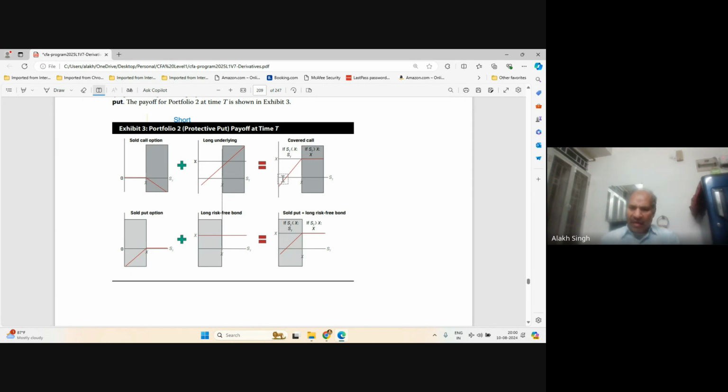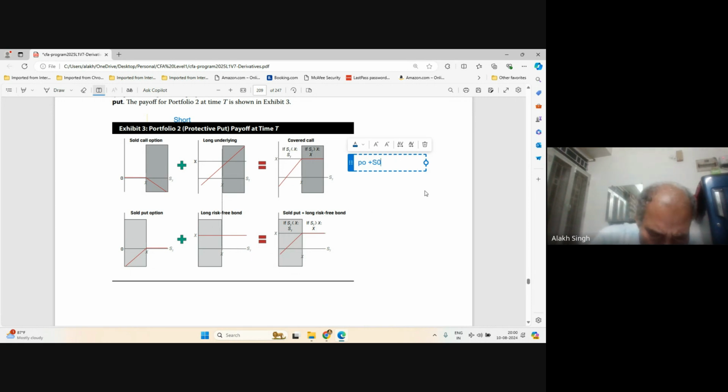Let me write this equation. We had discussed P0 plus S0, where S should be big S0, meaning the underlying, and P is normally written in small letter.